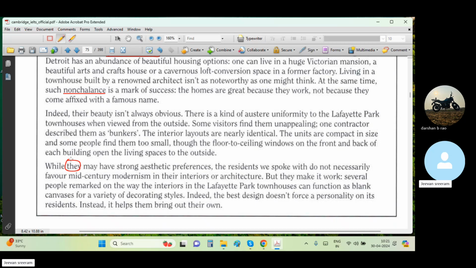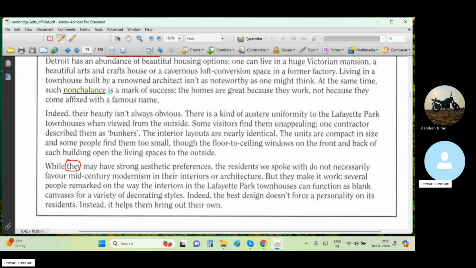Similarly, the residents of the townhouses also have their own taste. Although they have their own preferences, the residents we spoke with don't necessarily favor mid-century modernism in their interiors or architecture.